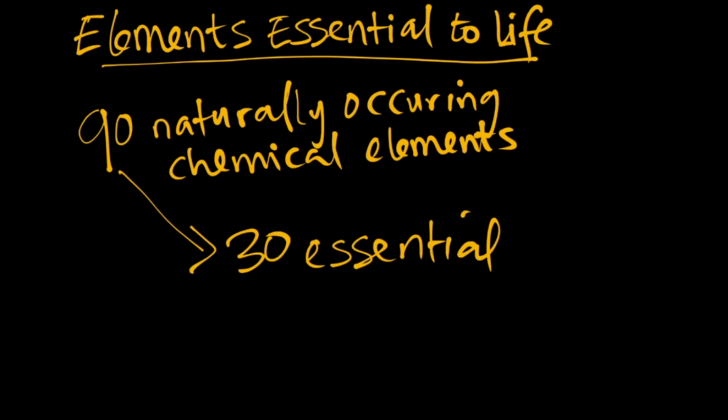Most biologically important elements have low atomic numbers. Only 5 of the essential elements have atomic numbers higher than selenium. That is, out of the 90, out of the 30, only 5 elements have atomic numbers higher than selenium.